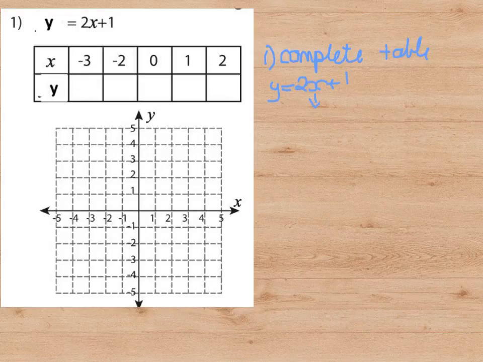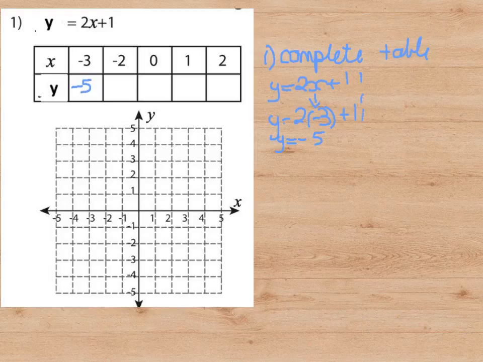So I would get y is equal to 2, and then x is -3, so let me just replace it, plus 1. Now you can use your calculator, you can do it in your head, but 2 times -3 is -6, and if you add 1 to that, you get that y is equal to -5. So we've just determined that when x is -3, y is -5.